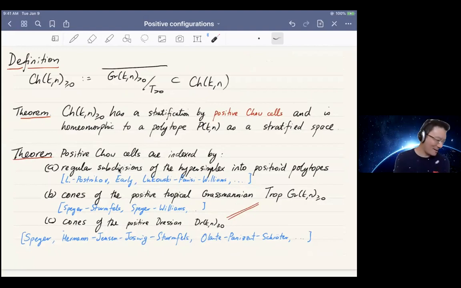The way I formulated it is perhaps a little bit unsatisfactory in the sense that in the other two cases, matrices and the Grassmannian, I defined it by inequalities. In the first case, I said take an n by n matrix and ask for all the minors to be non-negative. In the Grassmannian case, I take a k by n matrix and ask for all the maximal minors to be non-negative. In this case, I'm doing something a little different: I want to take a closure of something.